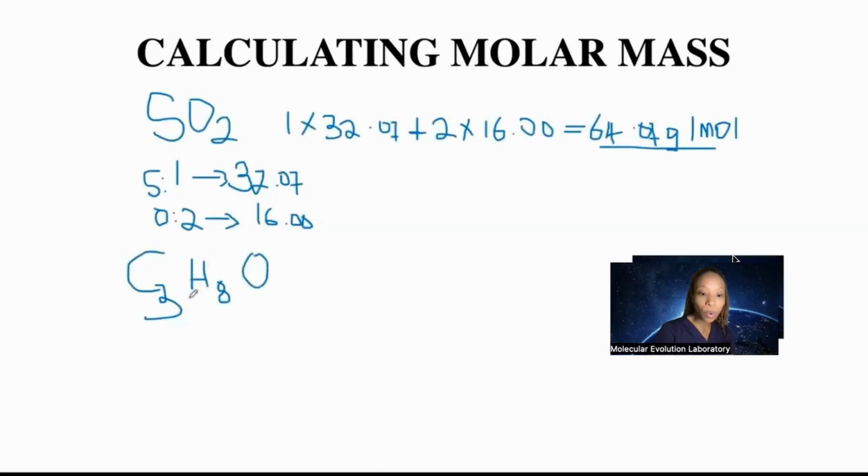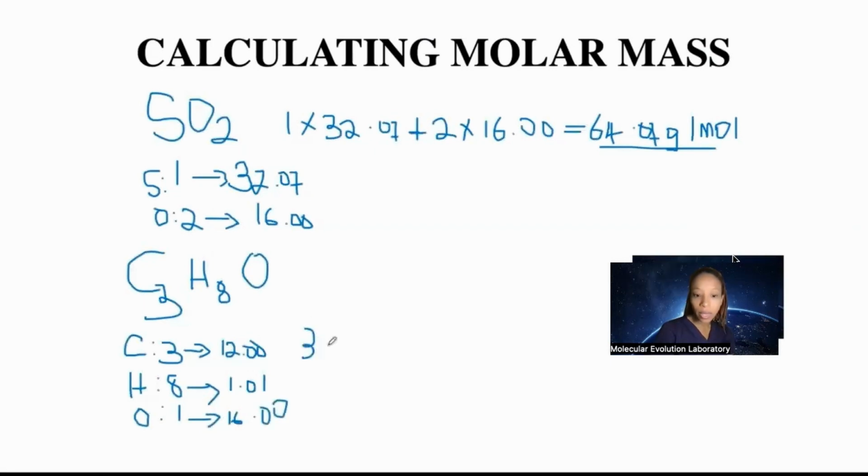Let's try isopropanol, C3H8O. We have 3 carbon, 8 hydrogen, and 1 oxygen. The atomic mass of carbon is 12, the atomic mass of hydrogen is 1.01, and oxygen, we already know, is 16. So this will be 3 times 12 plus 8 times 1.01 plus 1 times 16.